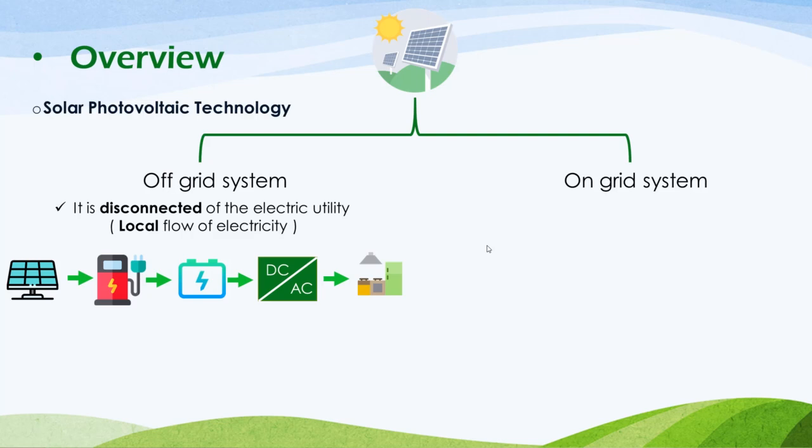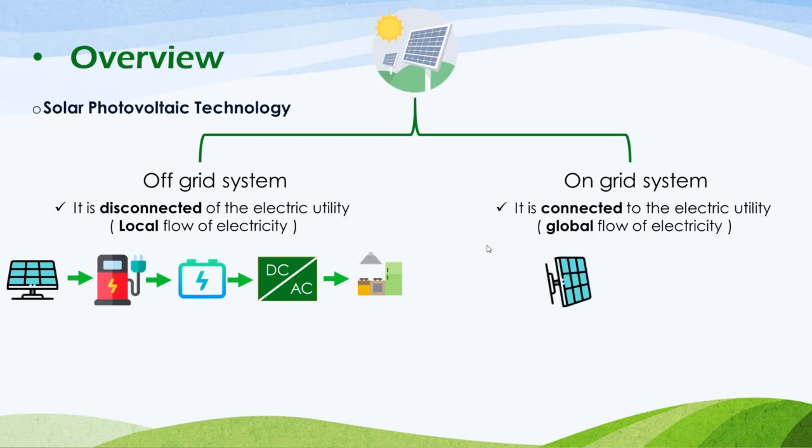And now the second type, which is the on-grid solar system. You can guess from its name that it's the inverse of the off-grid solar system, as the output power of this system goes directly to the electric utility or the electrical grid. So its construction is simpler than the off-grid system.